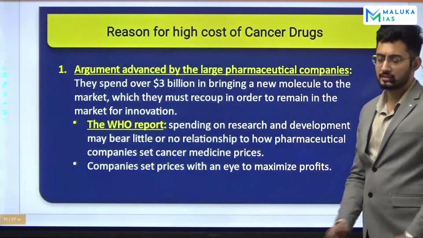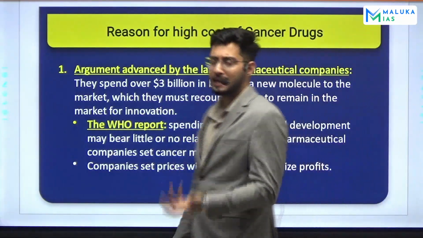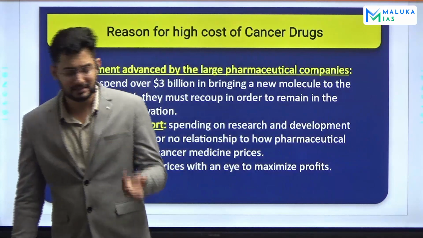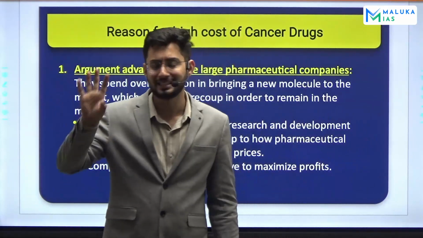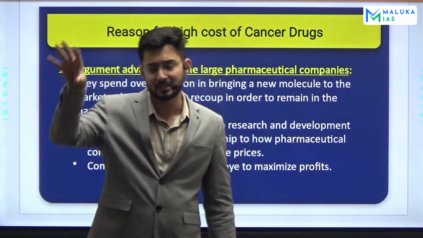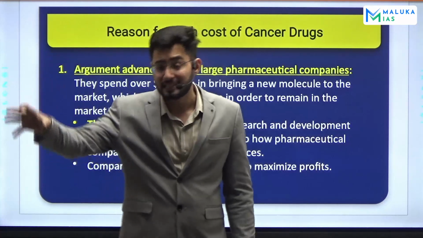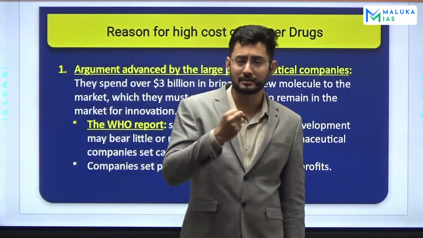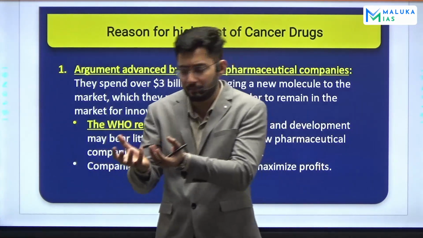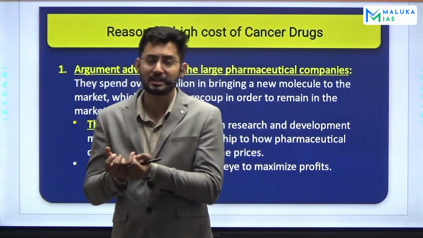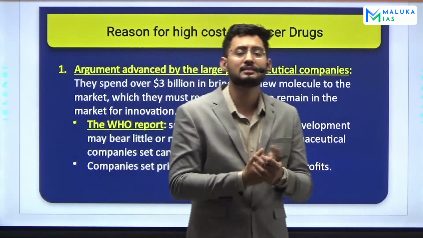What are the reasons? The reason for the high cost of these medicines is that these companies invest a lot in research work. Then the pharmaceutical companies purchase that research work and produce these medicines.